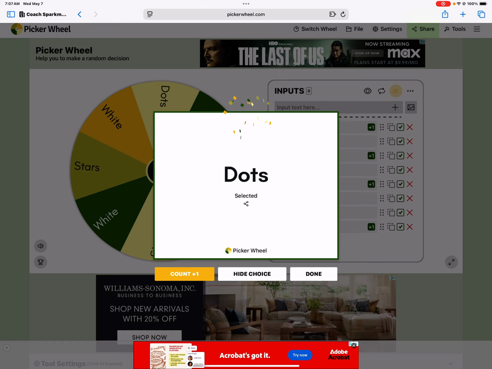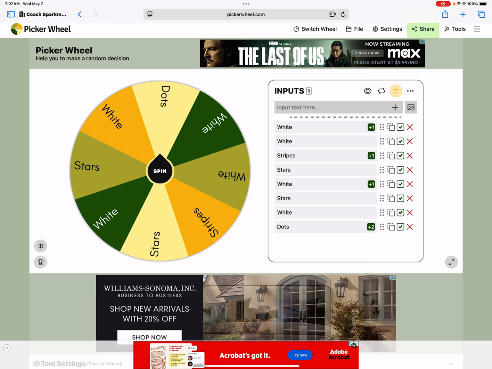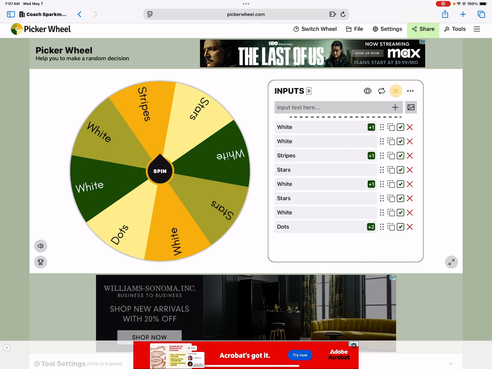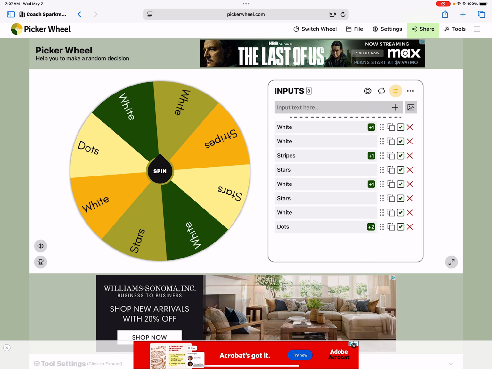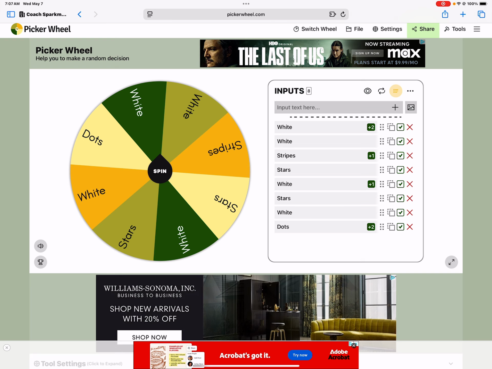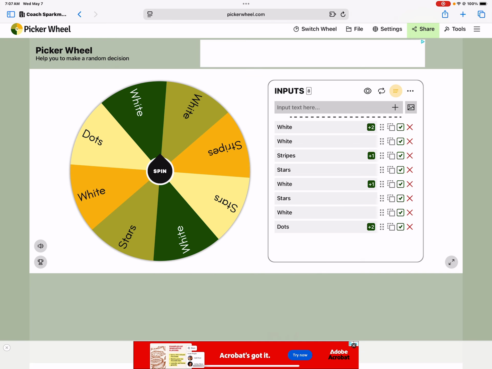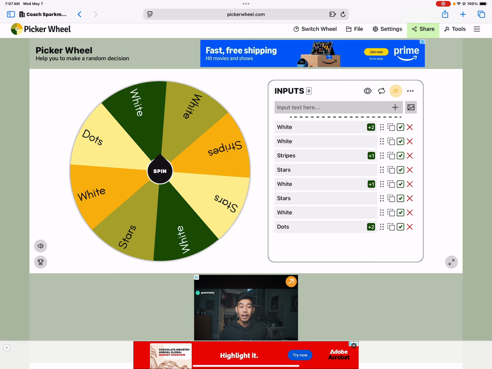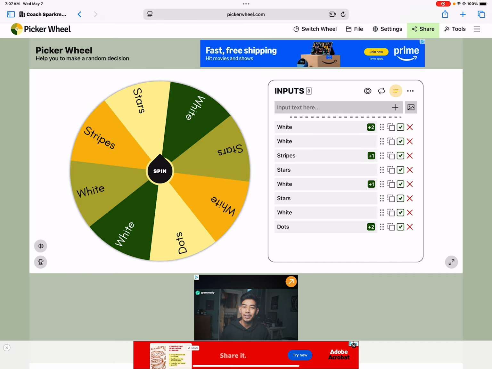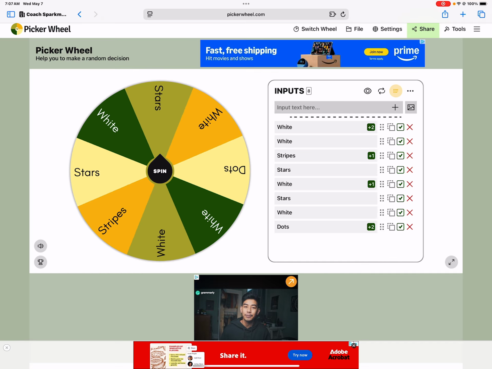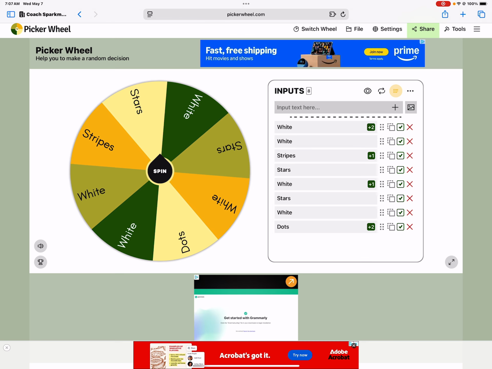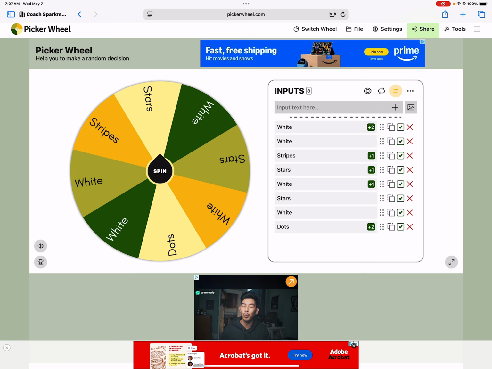Spin number 5, dots. See, right there, we can already say, because theoretically, dots should only have been 1 out of 8, but it's already been twice. I got 2 more. Last spin.